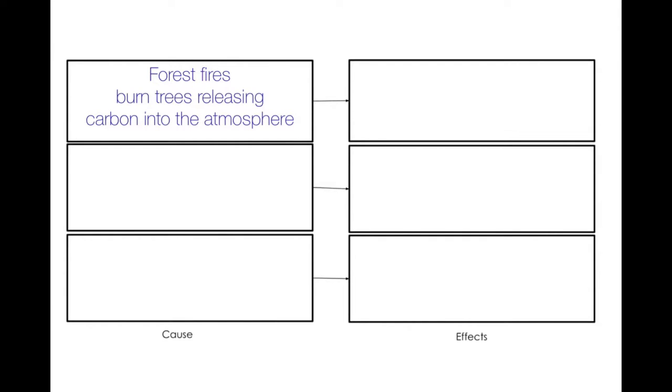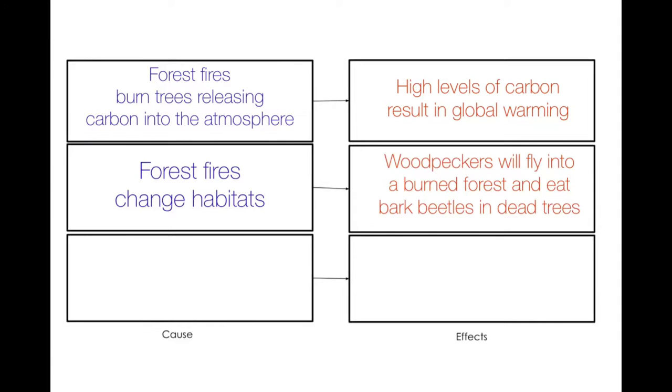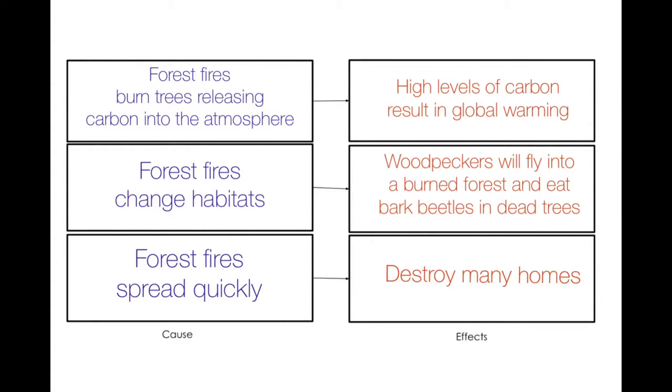The effect of that, high levels of carbon result in global warming. The second cause listed is forest fires change habitats, which leads to woodpeckers will fly into a burned forest and eat bark beetles and dead trees. Our final cause or event is forest fires spread quickly. As a consequence or effects, forest fires destroy many homes.